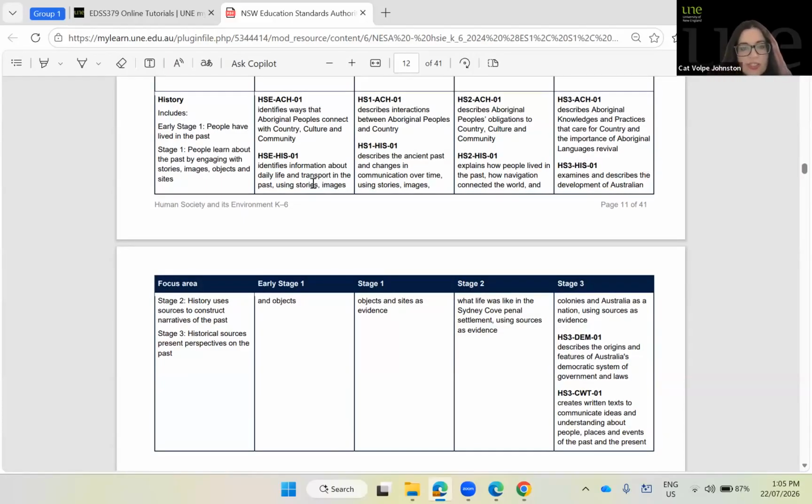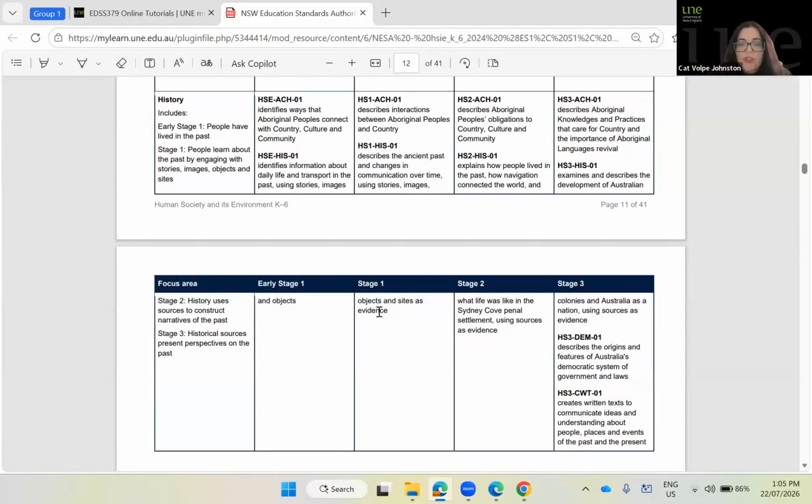In early stage 1, identifying information about daily life and transport in the past using stories, images, and objects. Stage 1, describing the ancient past and changes in communication over time using stories, images, objects, and sites as evidence. So you can see a little bit of the ways in which skills are coming through there, similar to how we identified it with the geography.